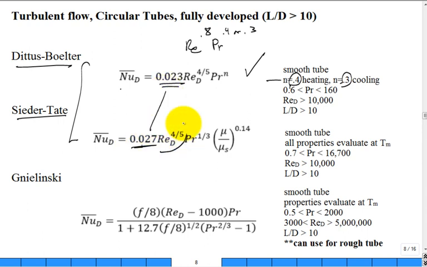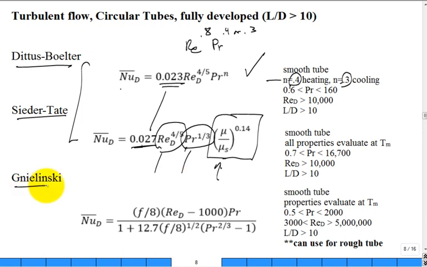They have the Reynolds to the same 0.8. Just put a Prandtl to the 1/3, no 0.4, 0.3 distinction. And this is a viscosity correction term. I don't know if you remember my discussion. When you see that, it's like all these other properties are calculated at the fluid temperature, not the film temperature. This is how they correct for it.